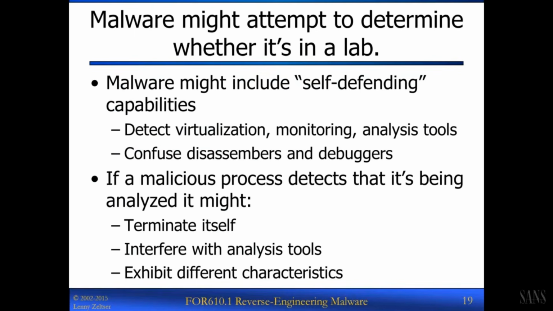All these tools, when we install them on a Windows virtual machine, leave their own footprint, and those are artifacts that malware can detect, and they can use that information to make decisions as to how they're going to execute on that system.